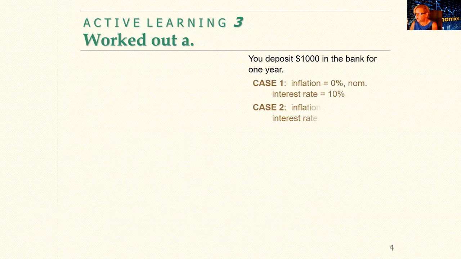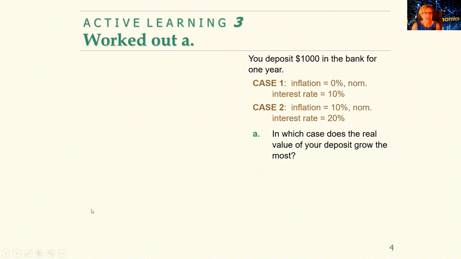Here's our question, and we'll just look at A at this point. One thing to remember is that the nominal interest rate is equal to the real rate plus inflation. I'm just using these little i's as interest. That's something important to remember that we've talked about throughout the class. So let's look at case 1.